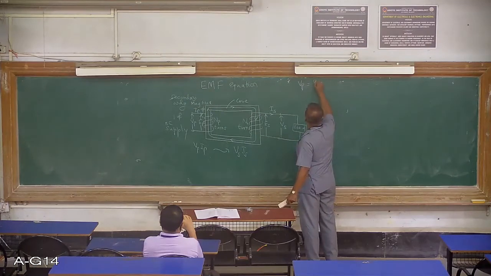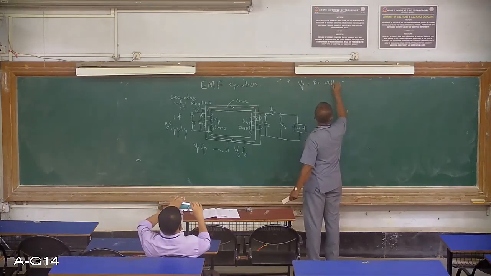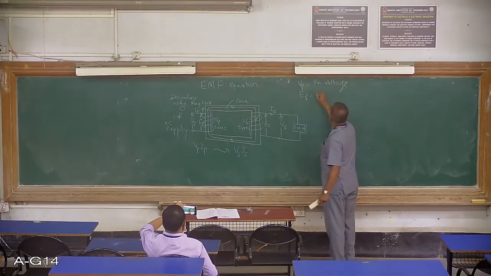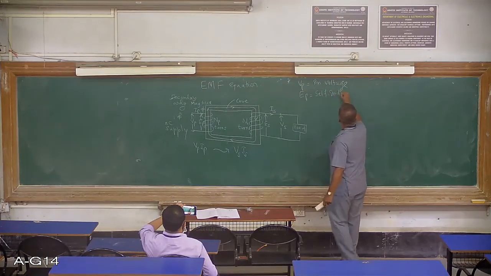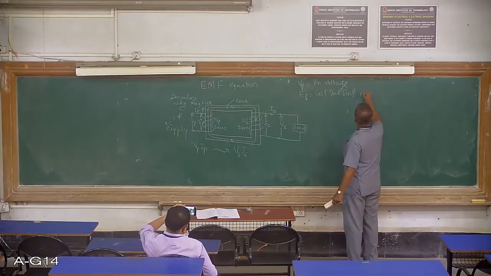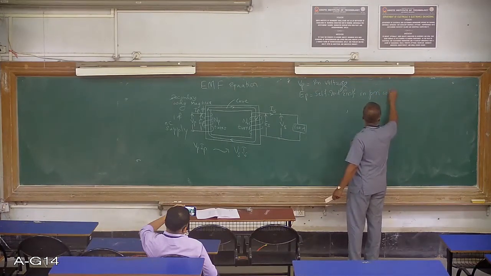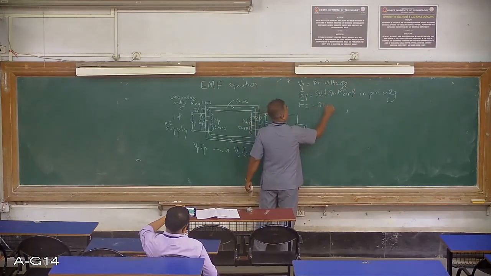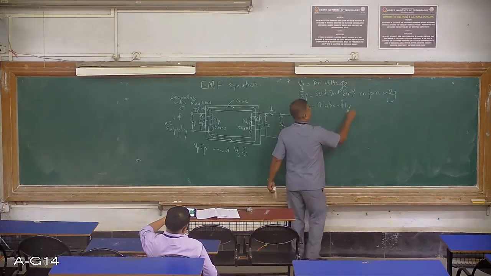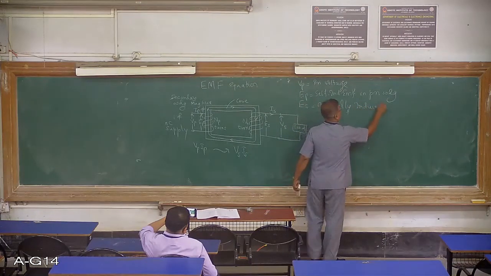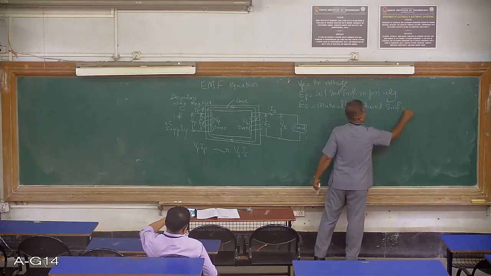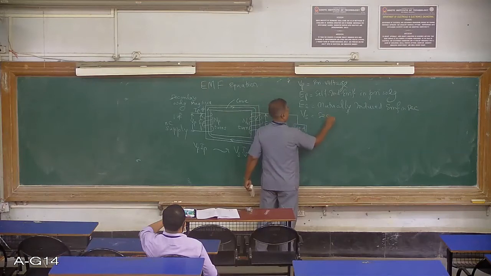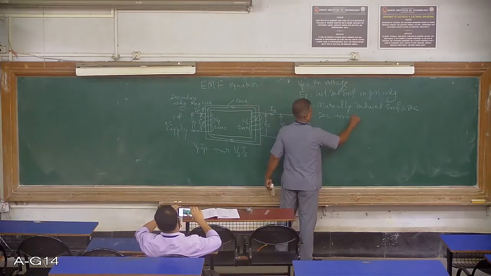Vp is the primary voltage, EP is the self-induced EMF in the primary winding, ES is the mutually induced EMF in the secondary winding, Vs is the secondary terminal voltage.